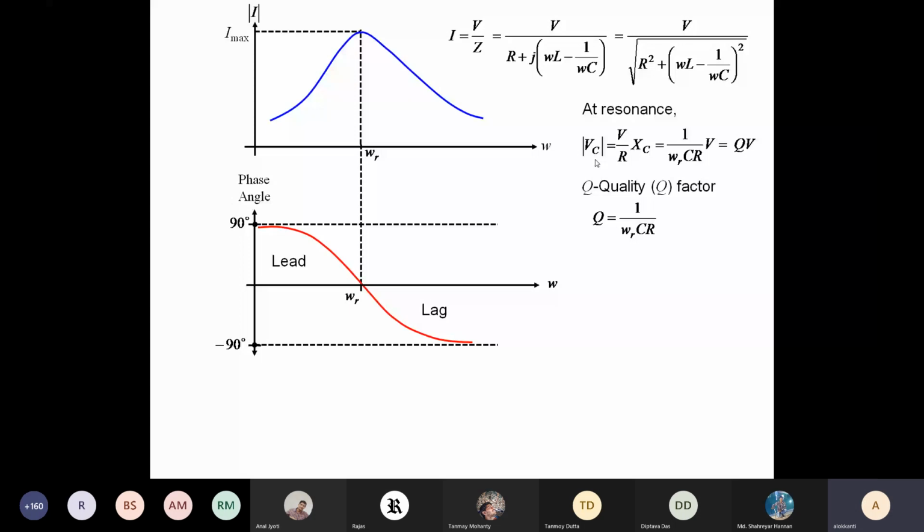If you substitute this, you get root over L by C into 1 by R. Is it 1 by R or L by R? It is 1 by R.